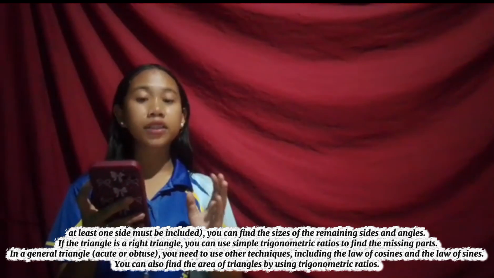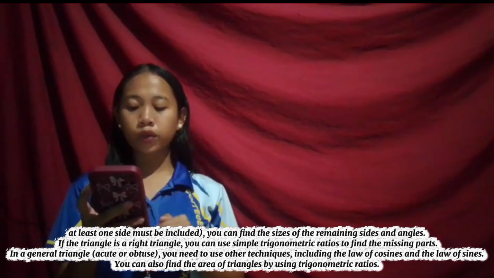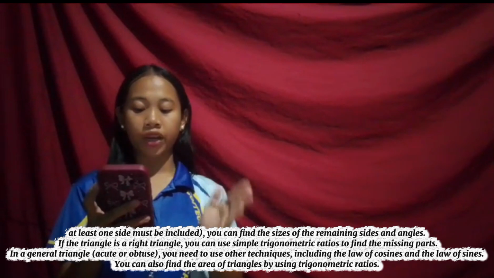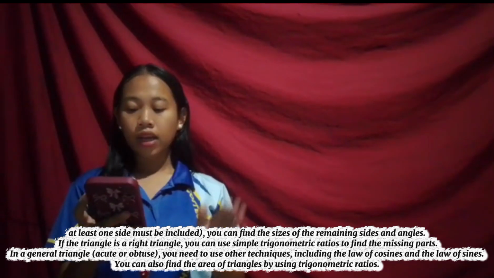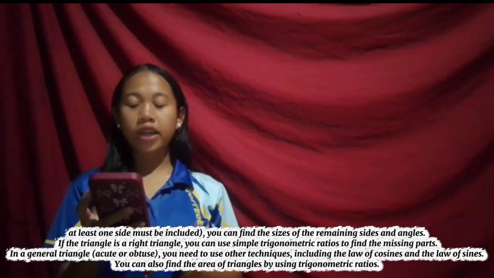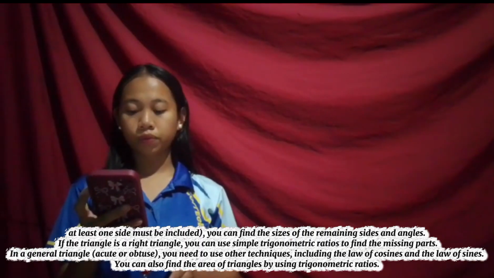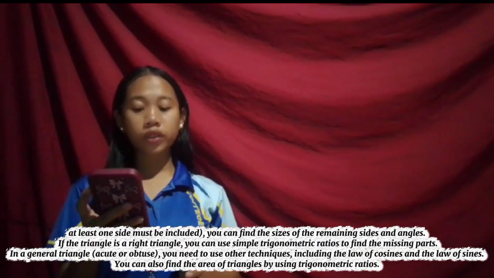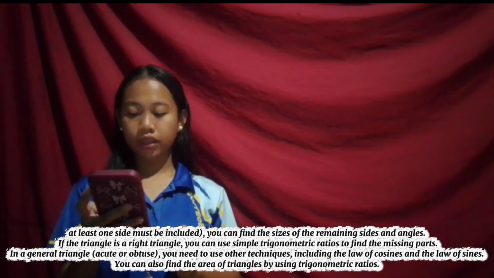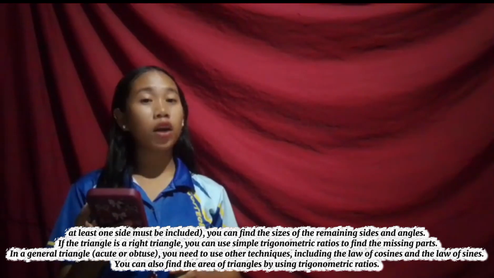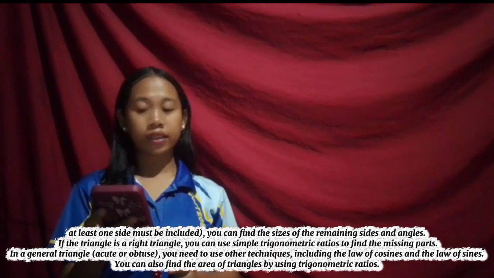If the triangle is right, you can use simple trigonometric ratios to find the missing parts. In a general triangle, acute or obtuse, you need to use other techniques, including the law of cosines and the law of sines.